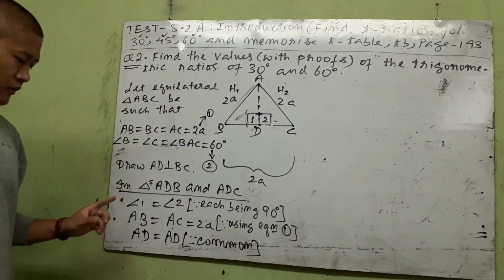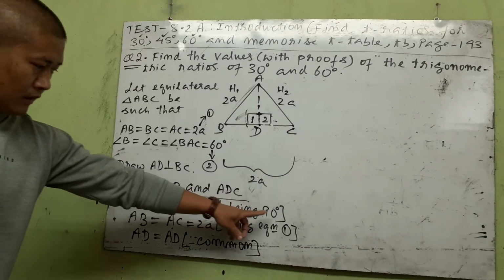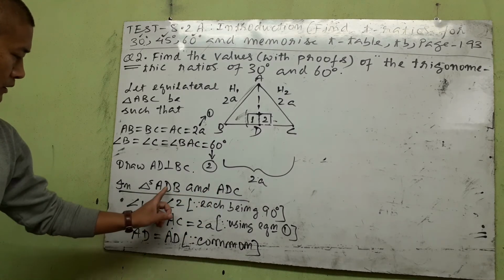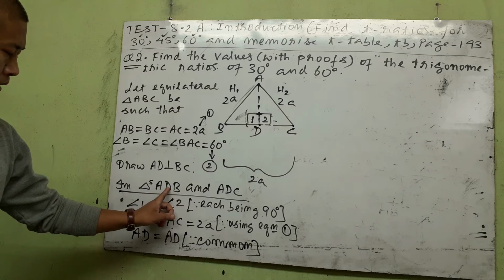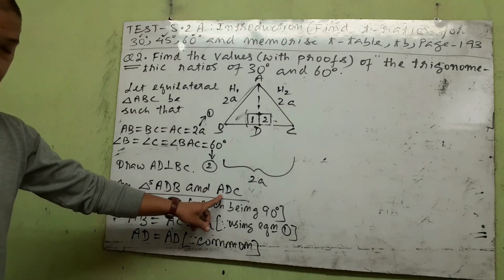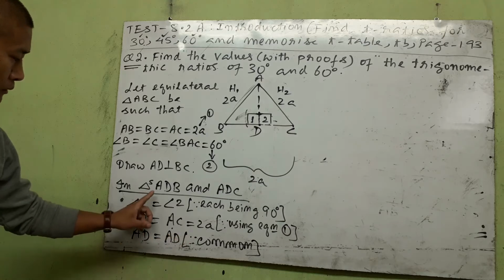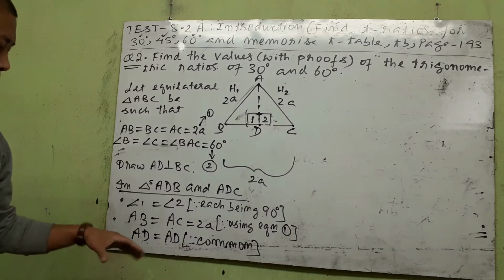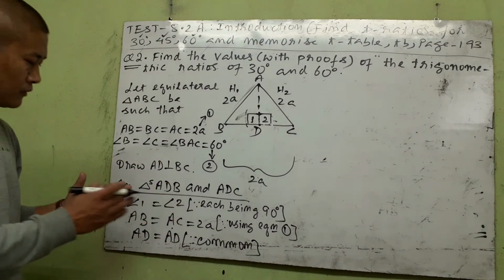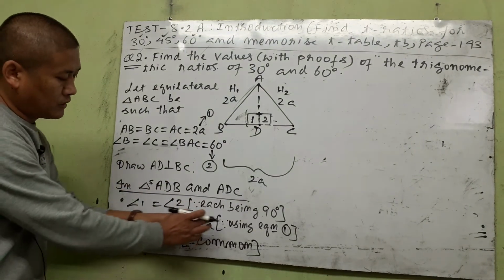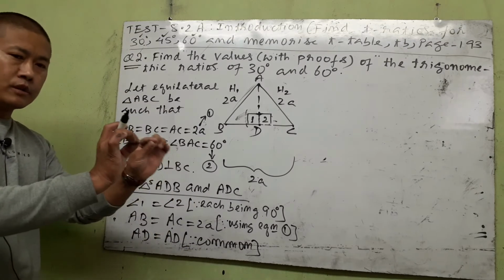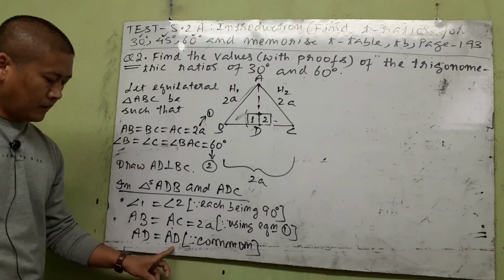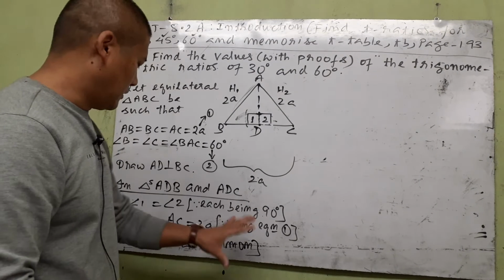So there is one theorem which says that if in 2 right triangles, like one angle is 90 degrees, so these 2 triangles are right triangles, their hypotenuse AB, that of triangle ADB, and the hypotenuse AC, that of triangle ADC, are equal, and any one of the remaining two sides here, AD equal to AD, then the two triangles are congruent. I repeat, if in two right triangles their hypotenuse are equal, and any one of the other two remaining sides, not necessarily both, but any of the other two remaining sides are equal, then the triangles are congruent.